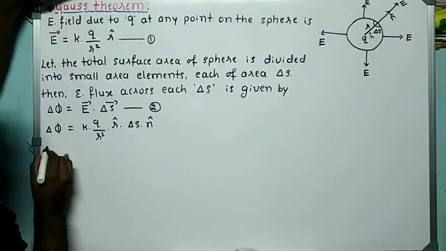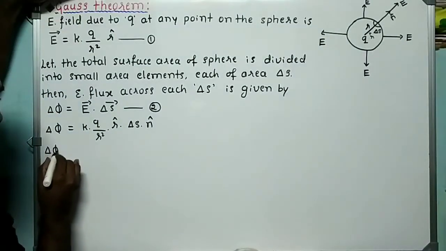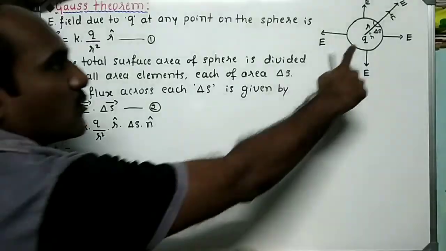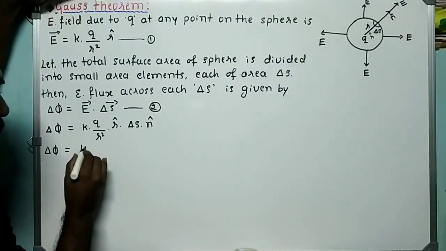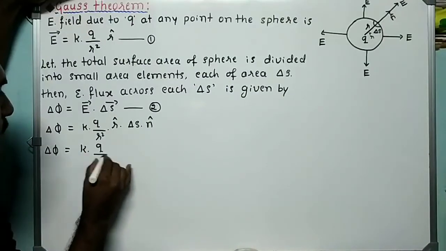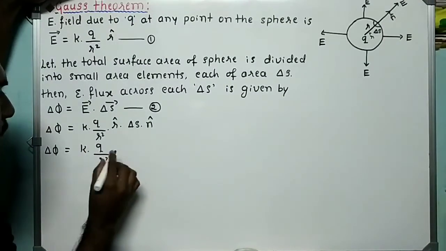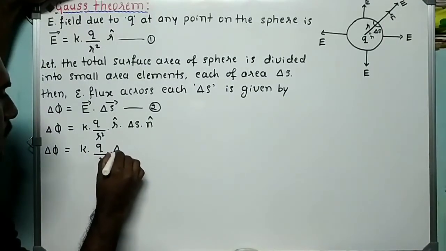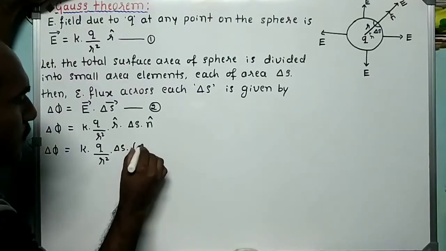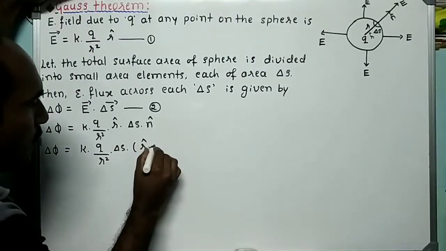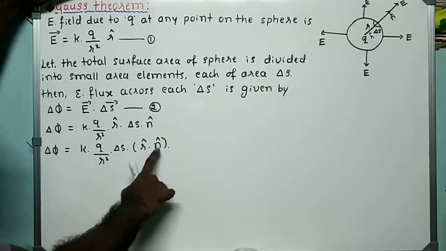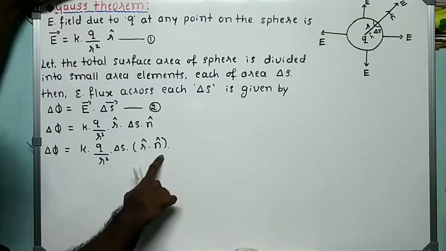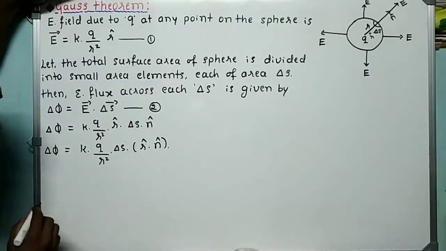Getting the idea? Now delta phi, the electric flux across the area delta S, is equal to K into Q divided by R square into delta S into R cap dot n cap. Here R cap and n cap both are unit vectors and both are acting along the same direction.